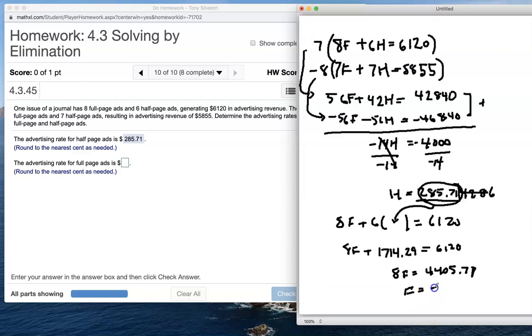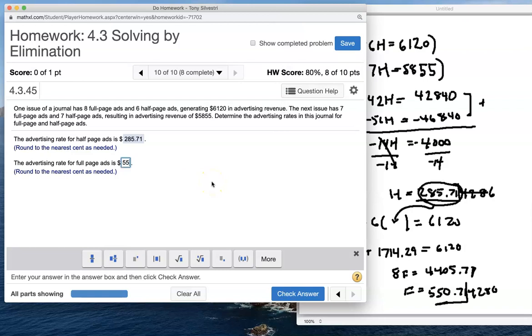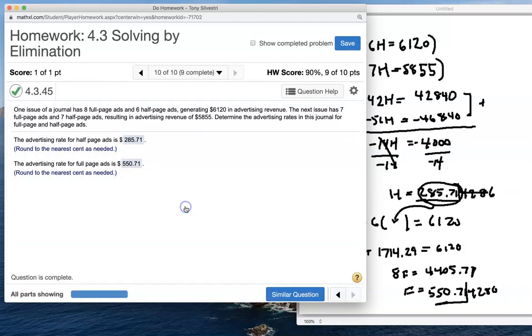I get 550.714286, and I only want cents. That's a small digit, so get rid of it. So I'm hoping that I get 550.71 there. Fantastic. Well, I think that's it for this homework.